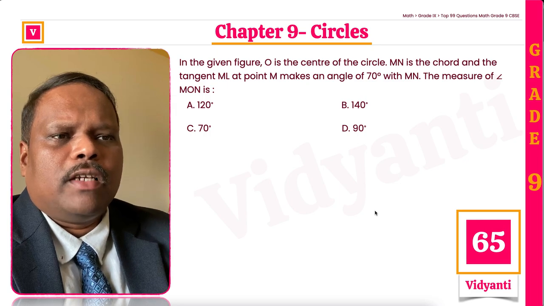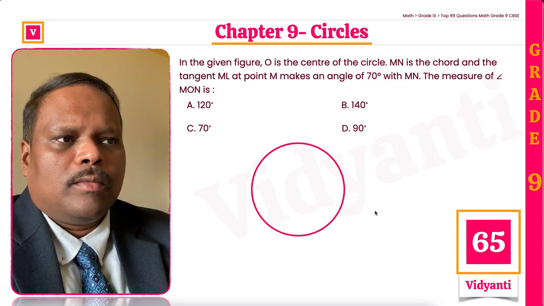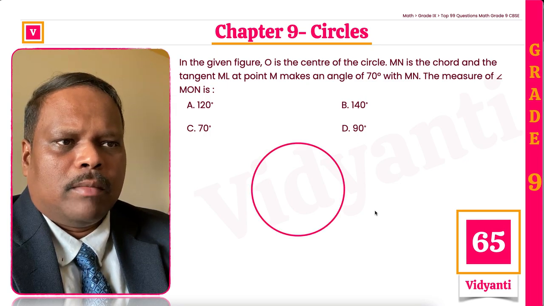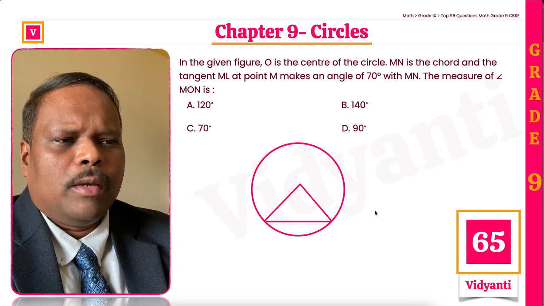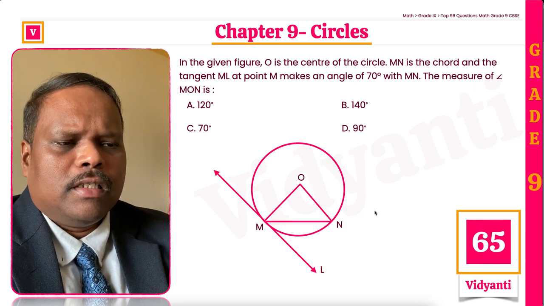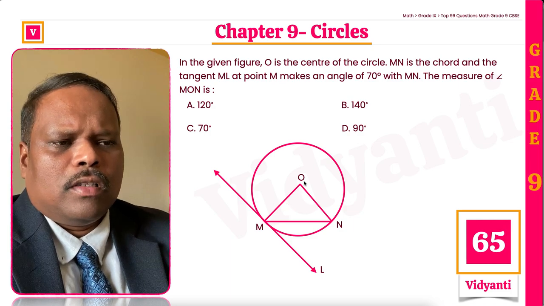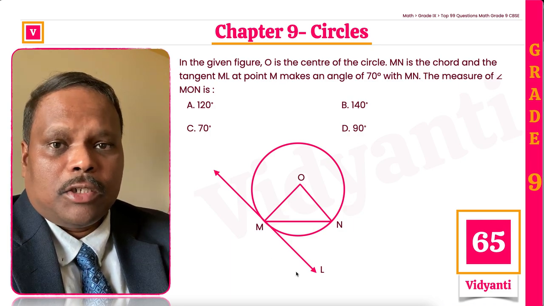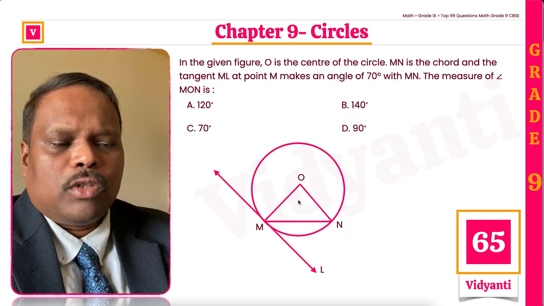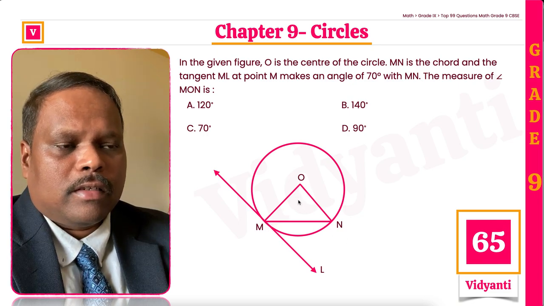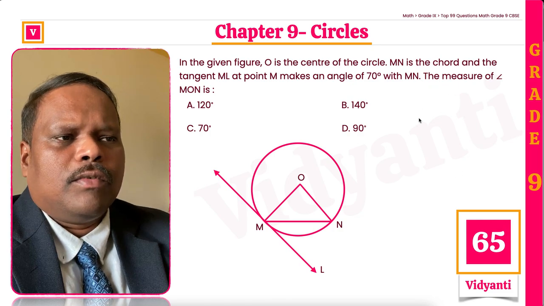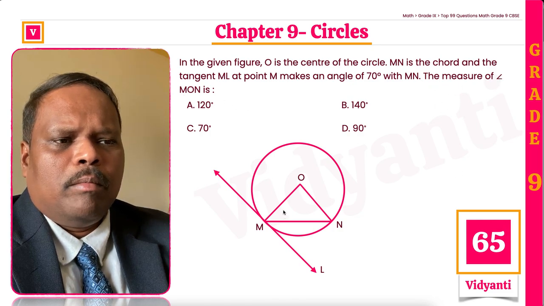Question number 65. In the given figure, O is the center of the circle, MN is the chord, ML is a tangent. Find the measure of MON. Let's see the diagram. First of all, OM and this line are tangent to each other, so that means they are perpendicular. OM and ON both are identical because they are radius vectors, and we are asked MON.